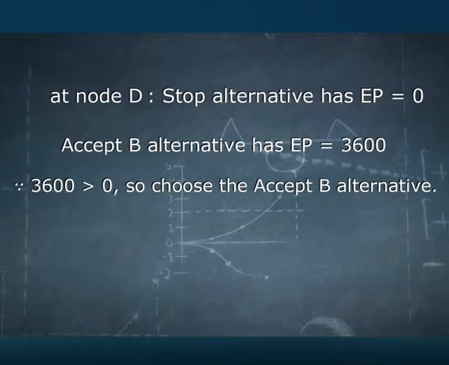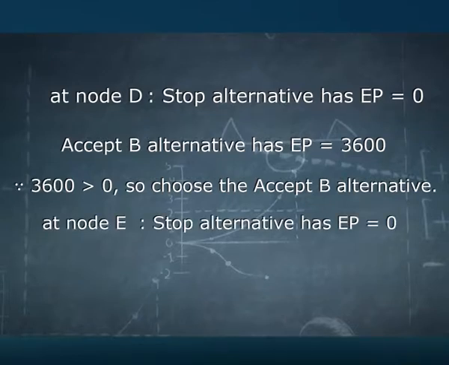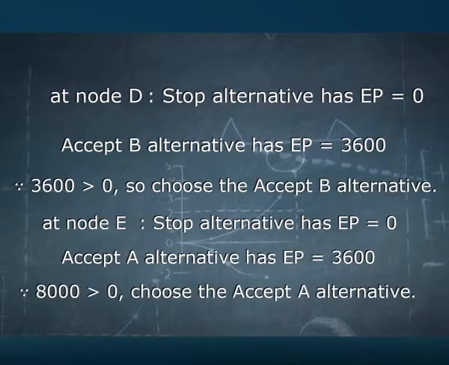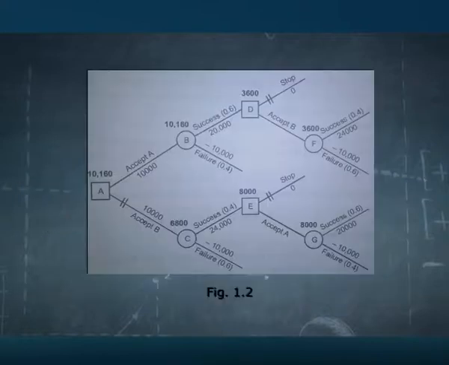At node E, the stop alternative has EP equal to 0, the accept A alternative has EP equal to 8,000. So 8,000 is greater than 0, choose the accept A alternative. The expected payoff for each chosen alternative is recorded in boldface over its decision node, as shown in figure 1.2. The chosen alternative is also indicated by inserting a double dash as a barrier through each rejected branch.